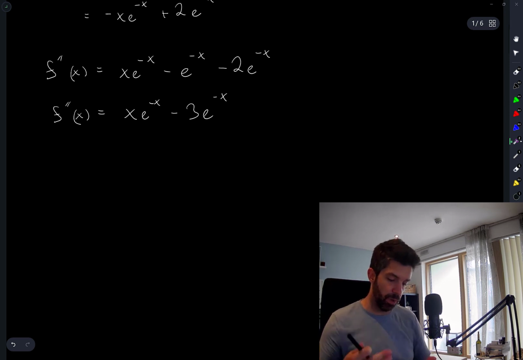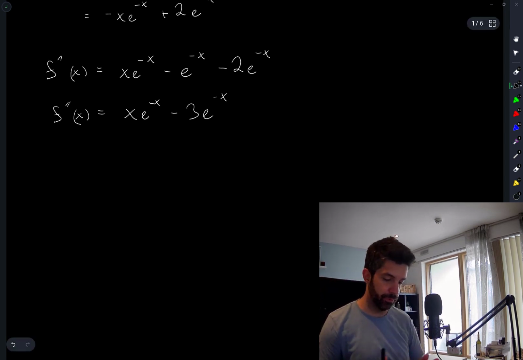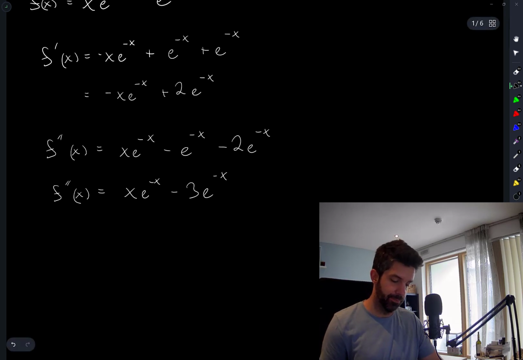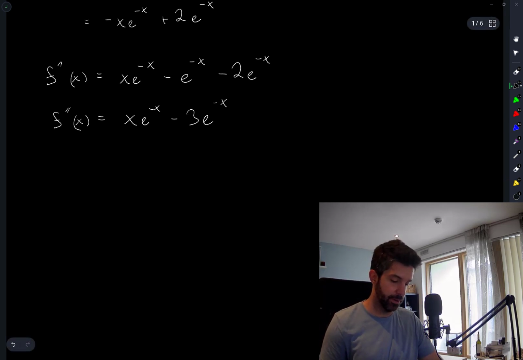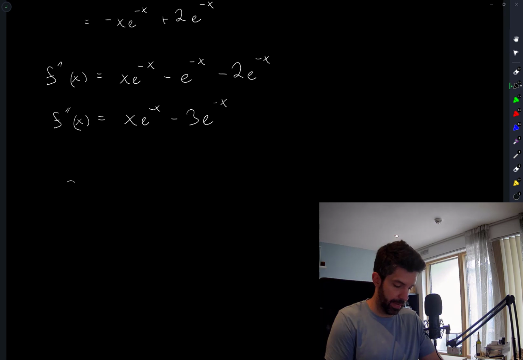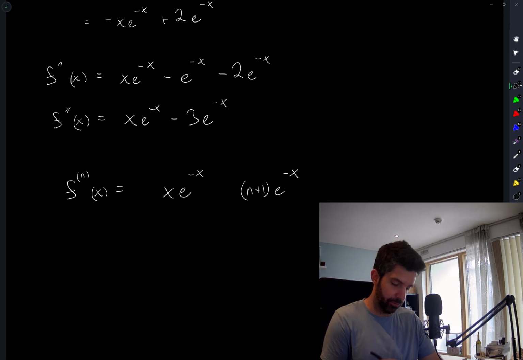I could derive and prove some kind of recursive relation here. But let's say the nth derivative of f of x is going to be x e to the negative x and n plus 1 e to the negative x.